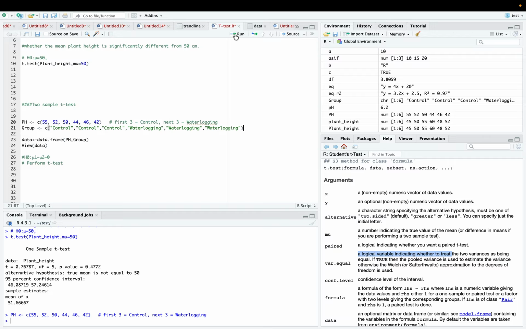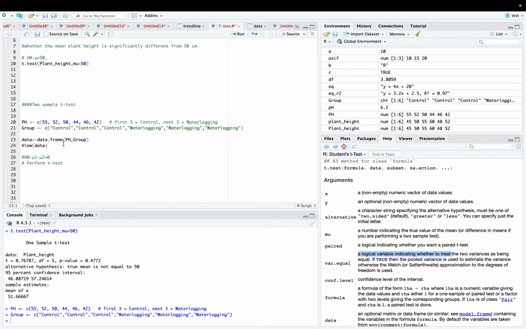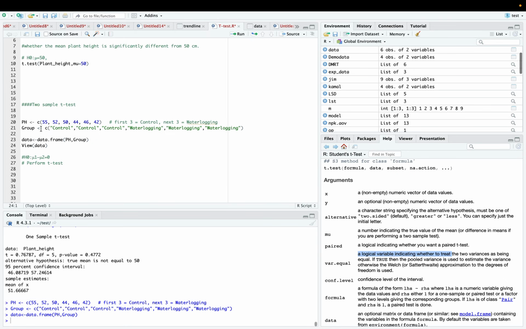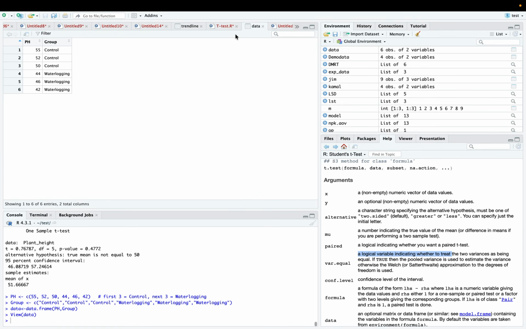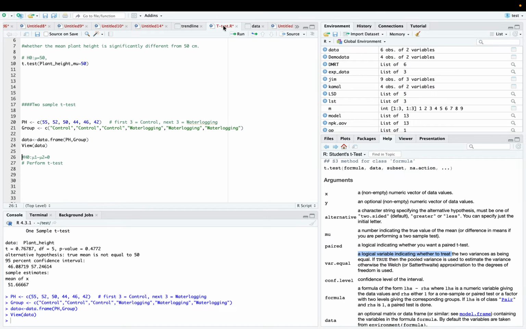You can run it, and then we can see the data. Right, these are the data. Here I considered one replication, you can use 3 replications, it will not be a problem. So you can arrange your data in this way in Excel and then insert it, or you can write it simply in this way.